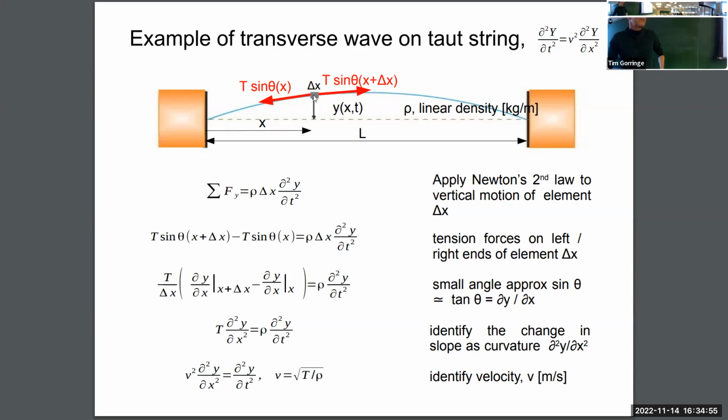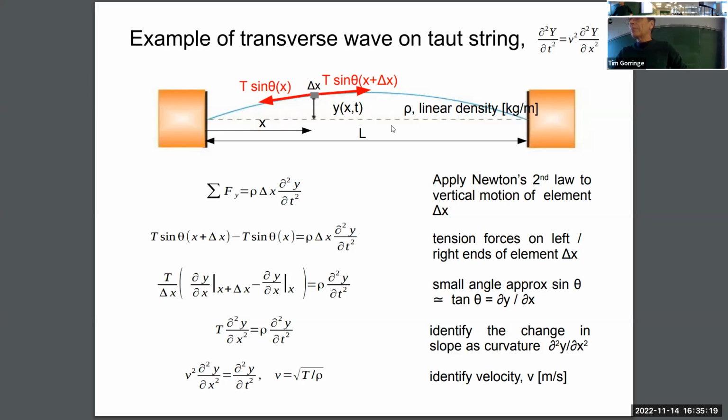And that displacement is going to be a function of time, and a function of your space coordinates. That displacement will exhibit a wave. And so we're going to develop a wave equation for that wave on the string.